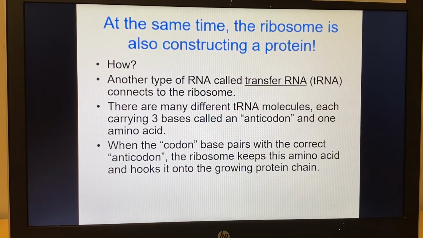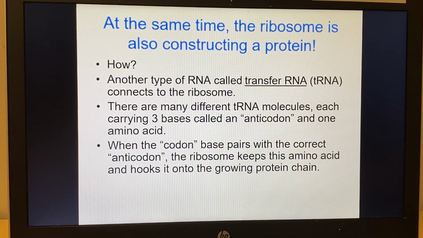So what happens is in the center of the ribosome, you have a codon of messenger RNA, and basically all of these different transfer RNA molecules are coming into the ribosome, and whatever one properly base pairs with the codon on messenger RNA, the ribosome can recognize that and then keep that particular amino acid and hook it on to the growing protein chain.